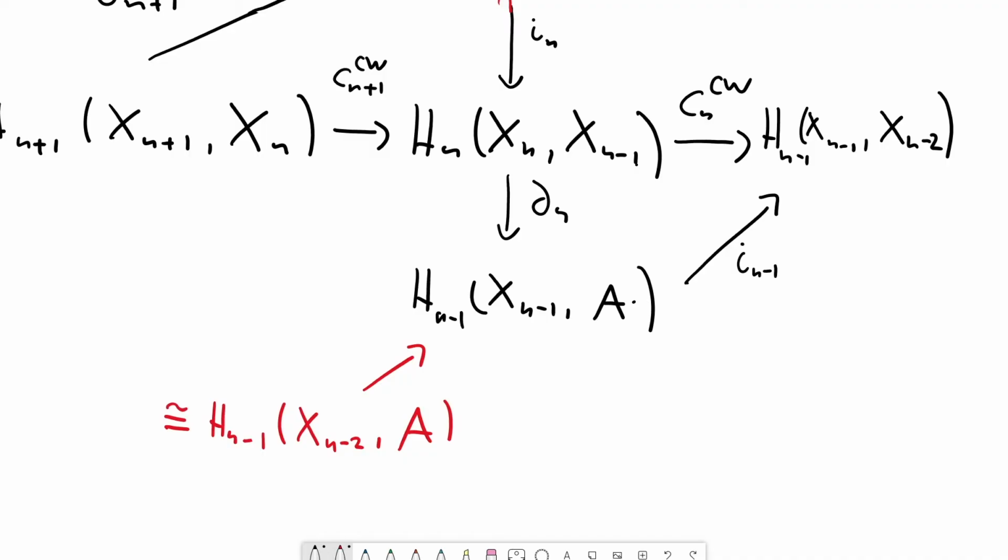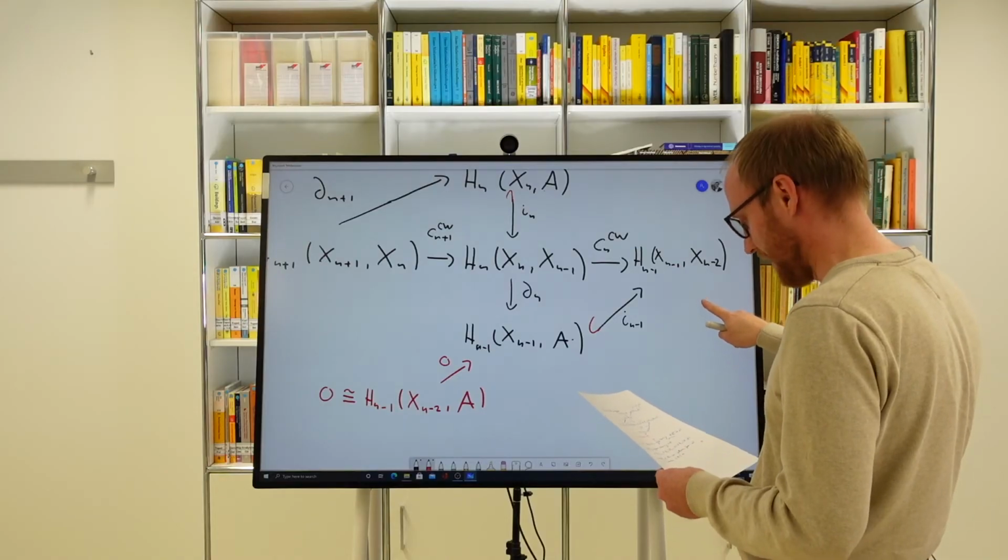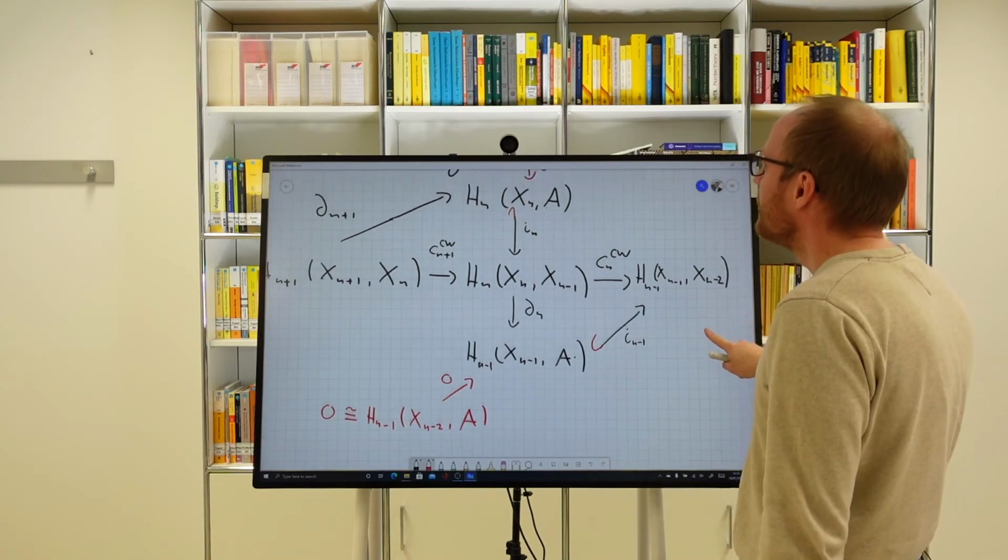And therefore, this is just 0. That means this arrow is 0, and that means the succeeding arrow here is injective. So two useful additional facts visible here in the diagram.